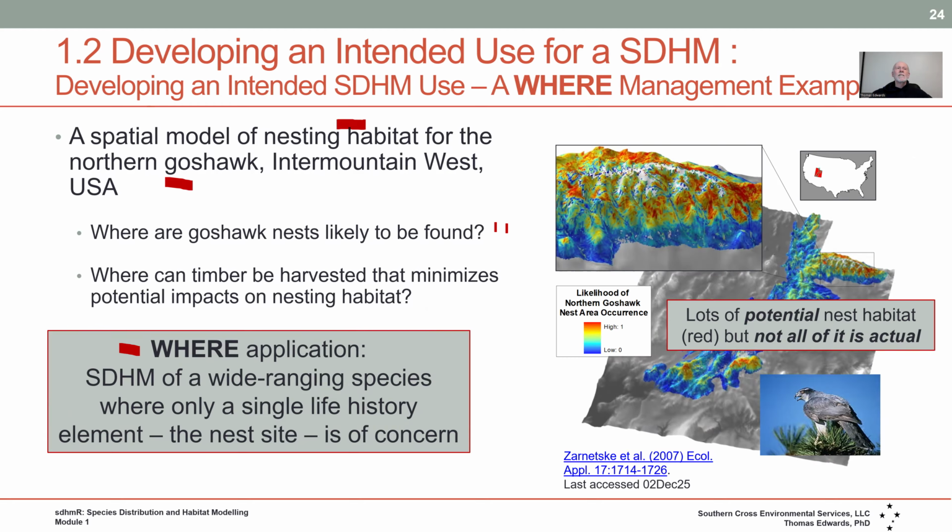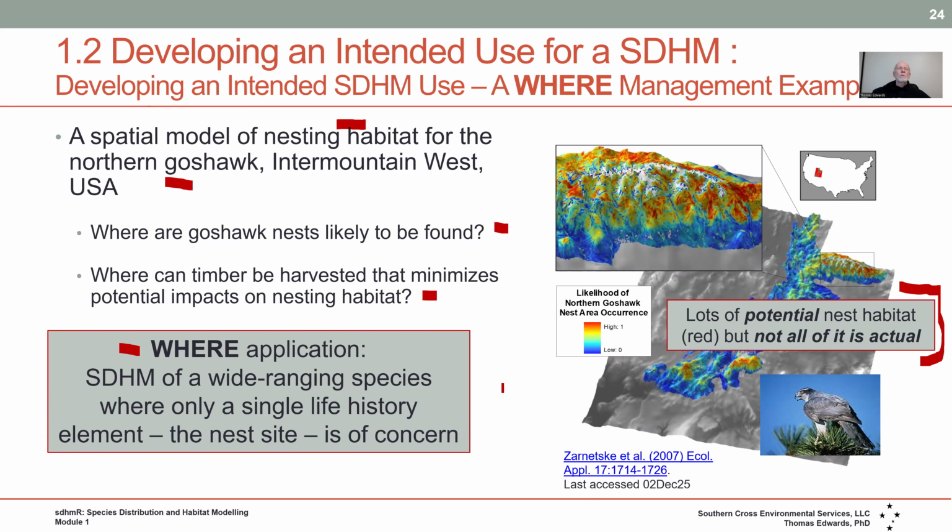So where are they likely to be found? And then that can help motivate conservation in terms of where can we harvest timber to minimize the potential impacts on nesting habitat. Now, I want to point out here, as I said in the introduction, this has to deal with potential nest habitat, and not all of that is actual.